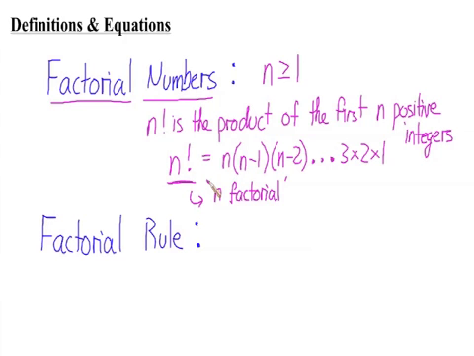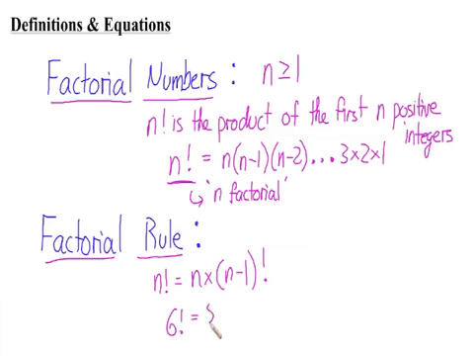Now, this helps us define the factorial rule, which is stated as n factorial equals n times n minus 1 factorial. Let me give you an example. If I tell you to calculate 6 factorial, you're going to multiply 6 times 5 times 4 times 3 times 2 times 1.